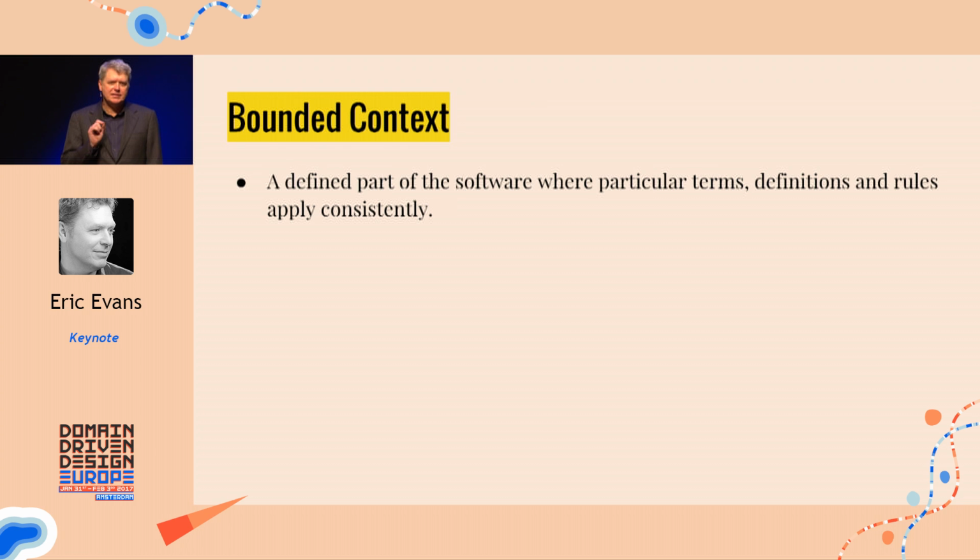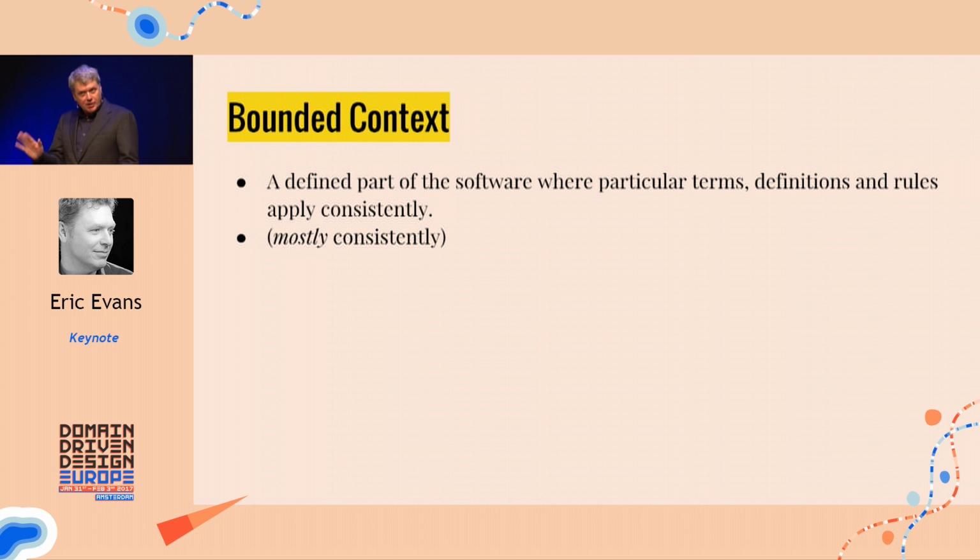But this is the consistency that when I say a particular word, I mean the same thing. Or if I talk about a relationship between two things, that relationship is defined the same way. Now, it's not perfect because this is being created by people, but within a bounded context, it should be pretty good.